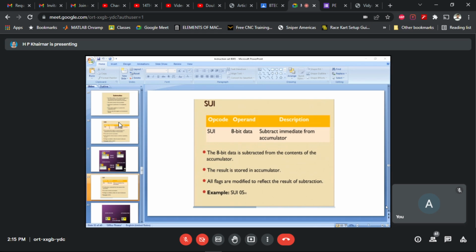We can finish with this instruction set today. That is for addition, arithmetic as well as for the logical instructions. So up to that much we can keep for the MST. Okay.